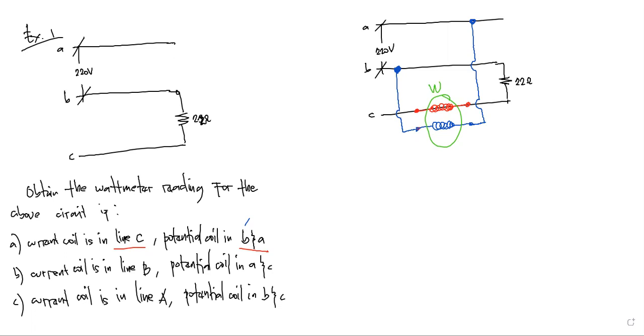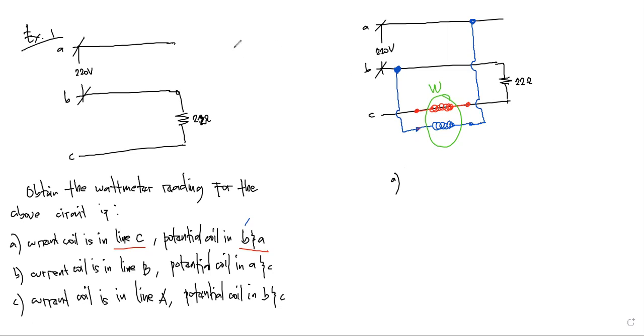How do we calculate the wattmeter reading for letter A? We still need to plot the phasors of the voltages and currents, which is a must in three-phase analysis.